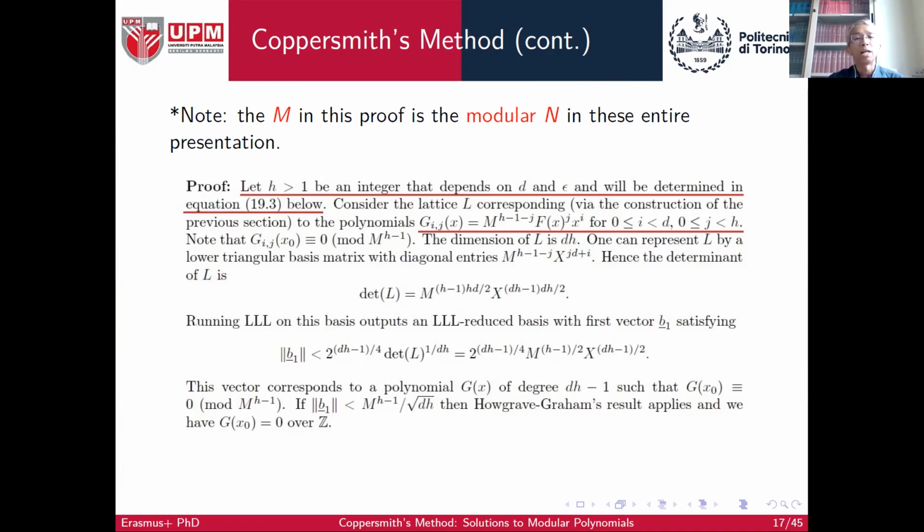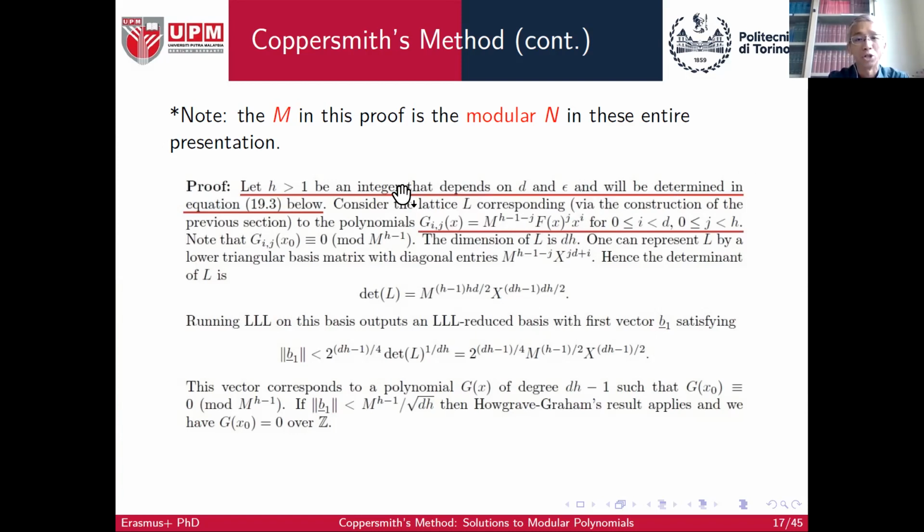The first thing I want to draw attention to in this Coppersmith method is the first line: let h greater than 1 be an integer that depends on d and epsilon, which will be determined later in equation 19.3, in the subsequent slide. The second point is this g_ij(x) polynomial. This polynomial is the one that should be used when we apply the Coppersmith method in building the basis, instead of following strictly from definition one.